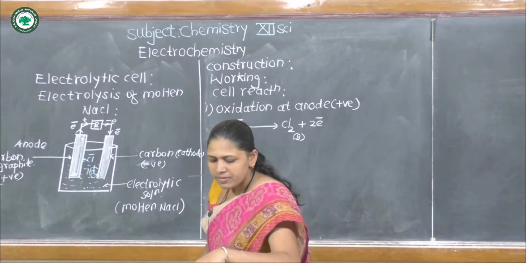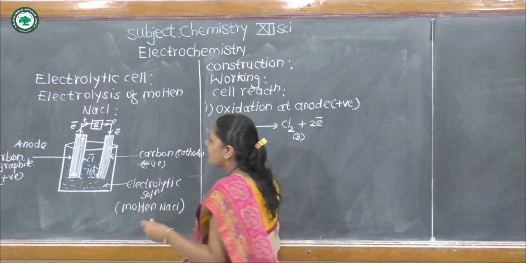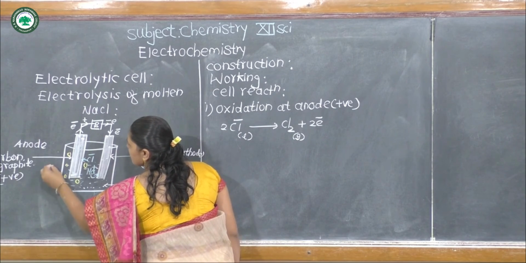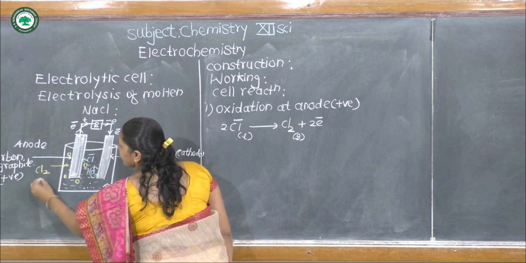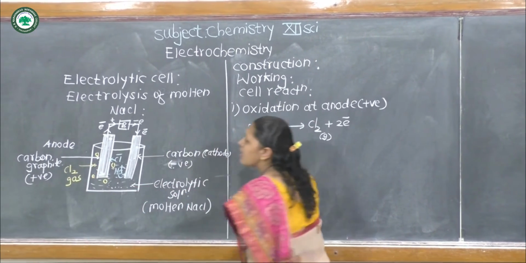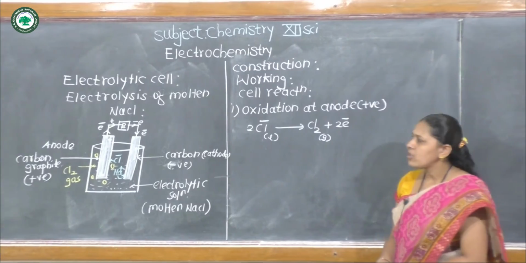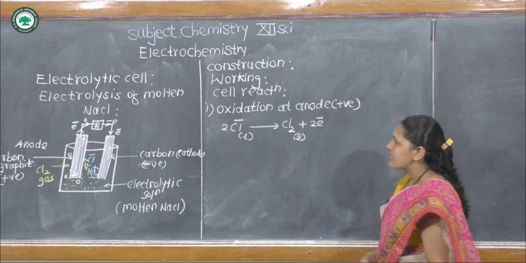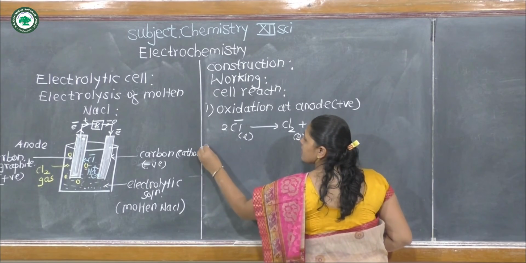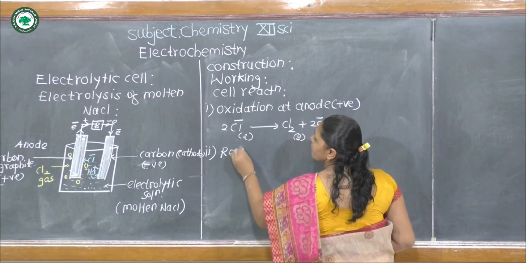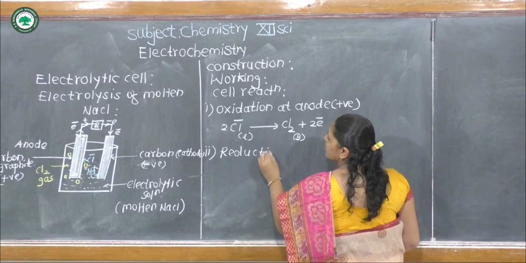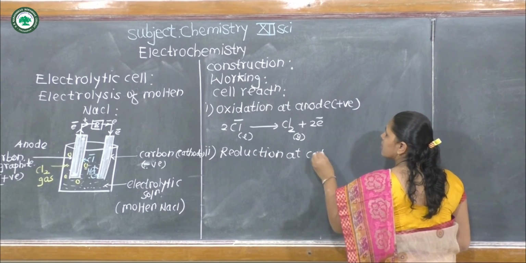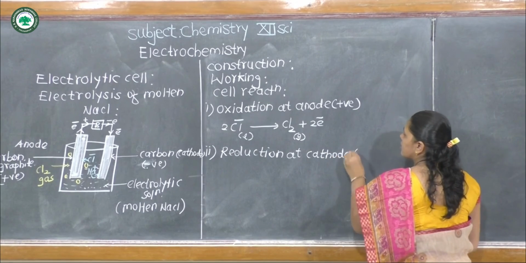Here, pale yellow chlorine gas is liberated at the anode by oxidation of Cl- ions from NaCl. Then second is reduction at the cathode, which is negative.